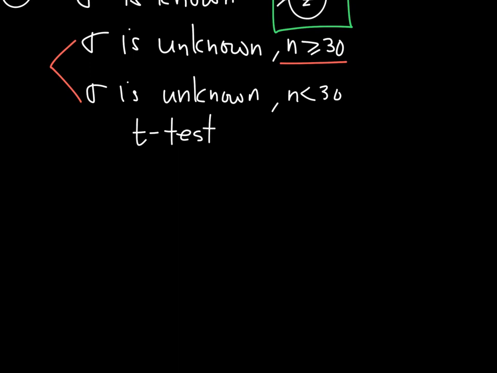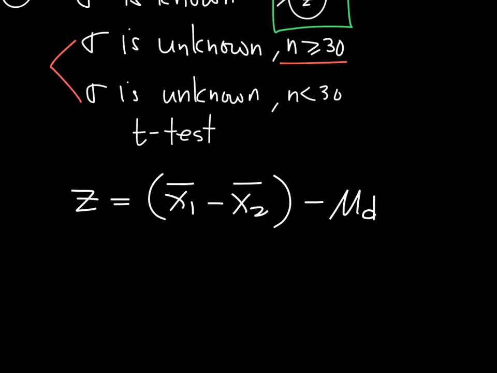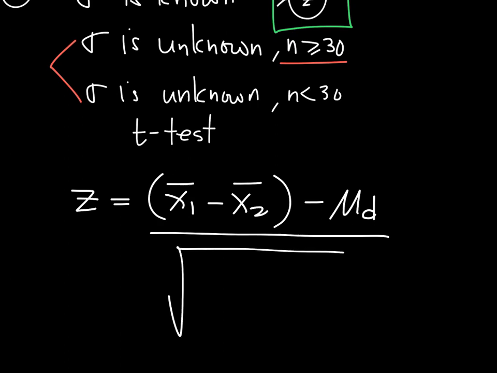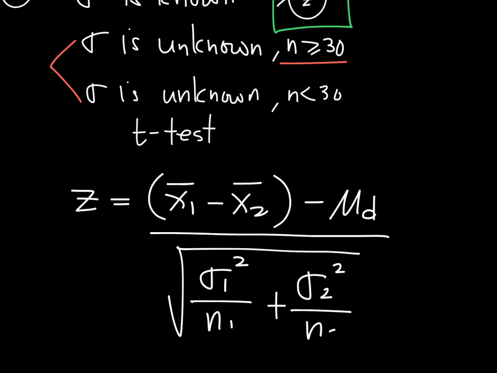corresponding z formula. For two populations, we have x1 bar minus x2 bar minus the mean difference. And I'll discuss what the mu d, the mean difference, will be equal to. And then the square root of sigma 1 squared over n1 plus sigma 2 squared over n2.